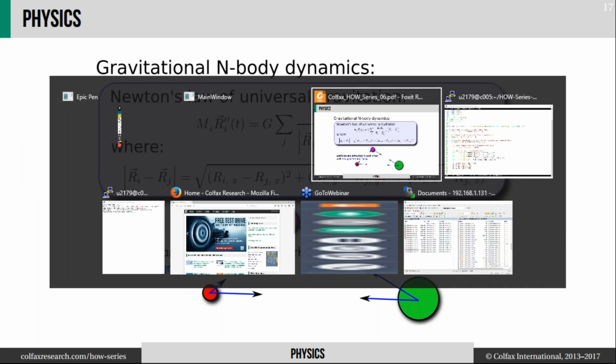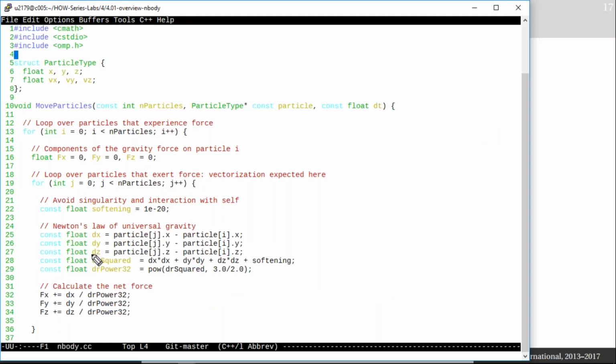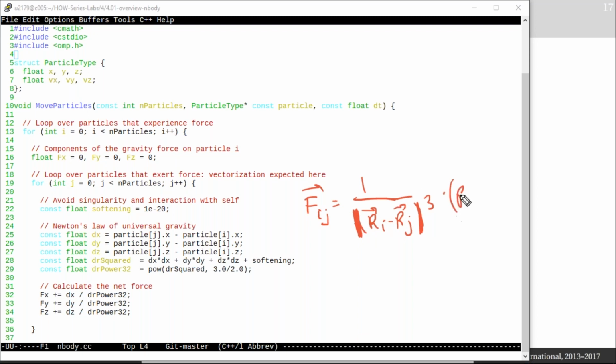What has to happen inside is this exact calculation. Force Ij is equal to 1 over the modulus, absolute value of Ri minus Rj cubed, times Ri minus Rj. I think something like this.